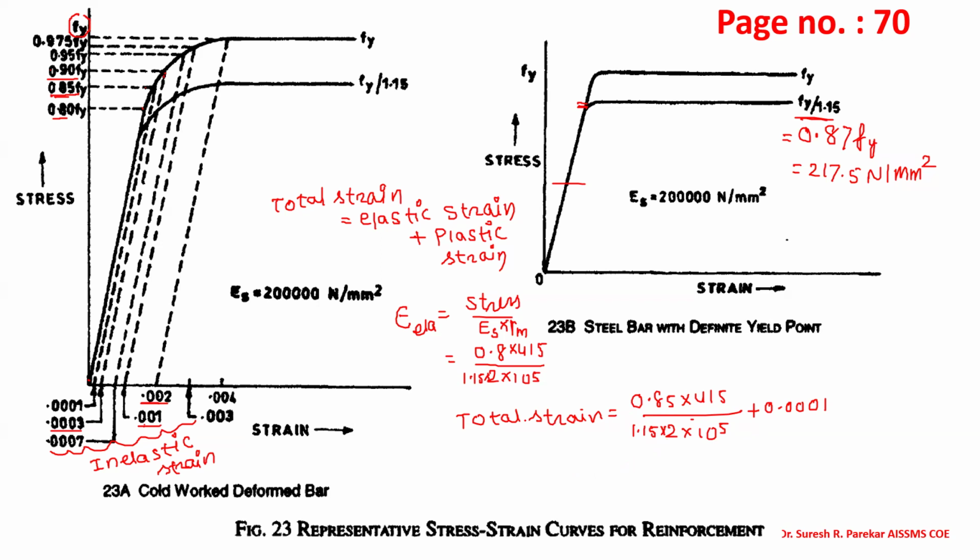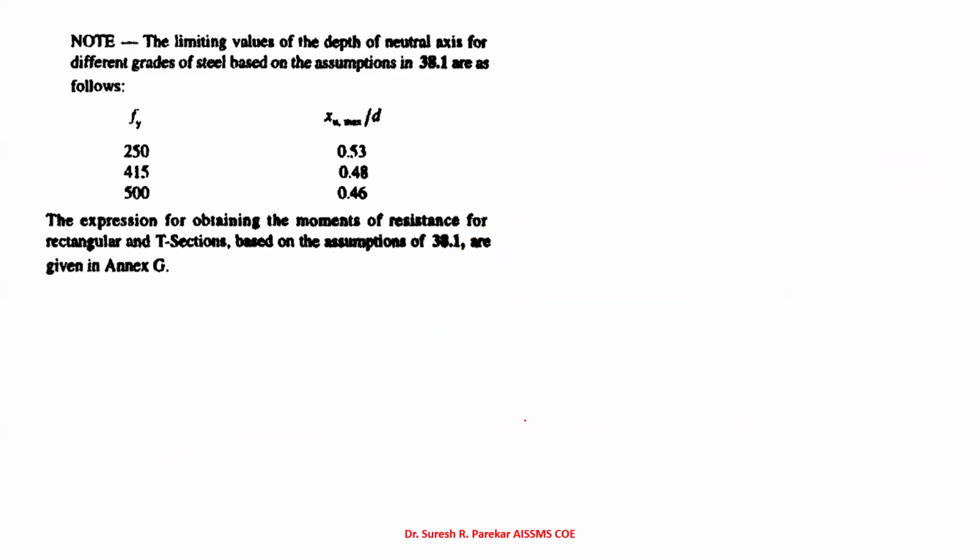And likewise, we have to find the total strain. In orals, you should be in a position to find the total strain. And now these limits we have already seen, and how we find them we also know. If I draw this, we have 0.0035, we have XU, and here we have D minus XU.